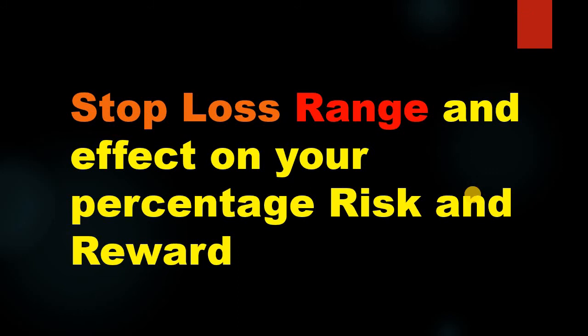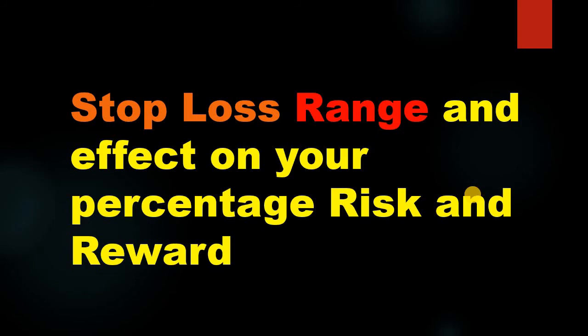Now we are going to look at the concept of stop loss range and how it affects our percentage risk and reward. Firstly, when we talk about stop loss range, this is what we mean.